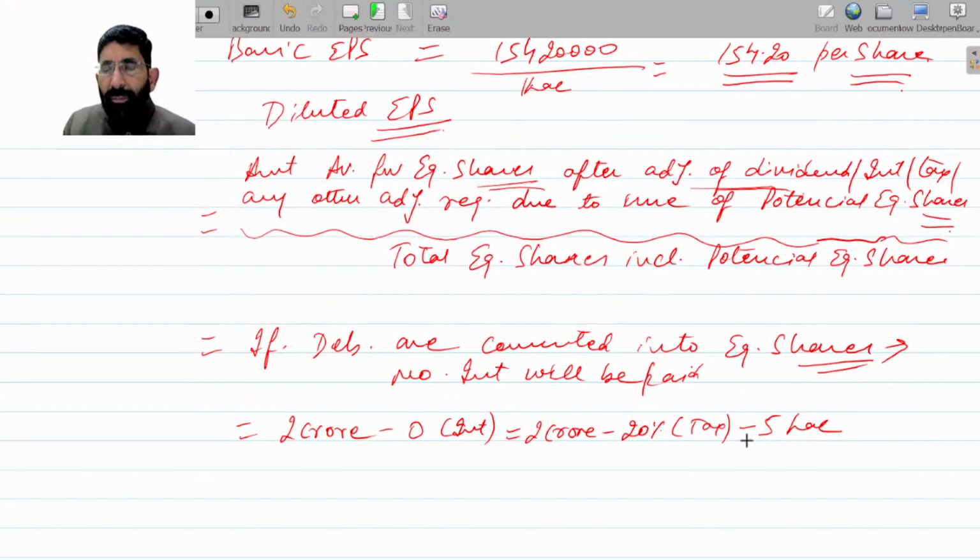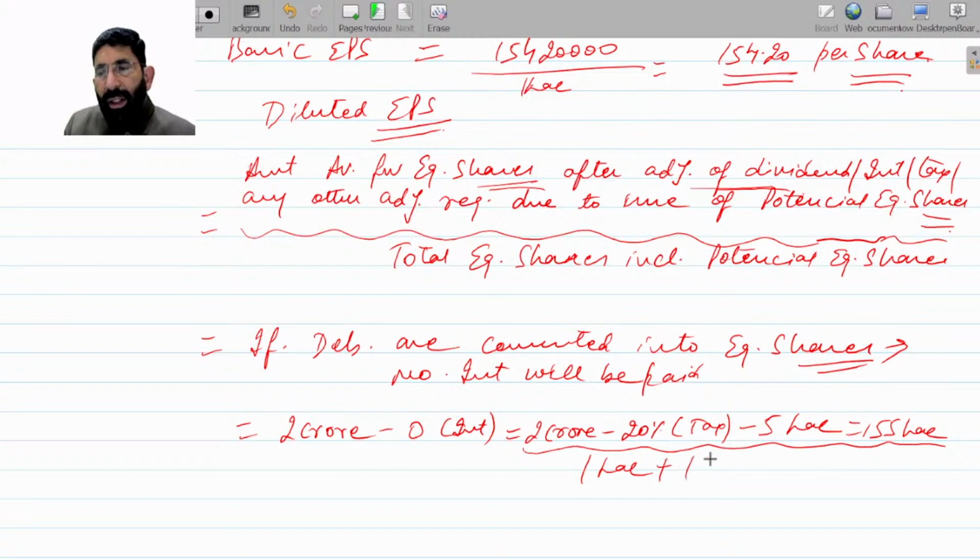So it will be 1 crore 55 lakhs divided by the total number of equity shares, that is 1 lakh equity shares actually issued, and 1 lakh will be the converted shares from the debentures. So it will be 2 lakh.